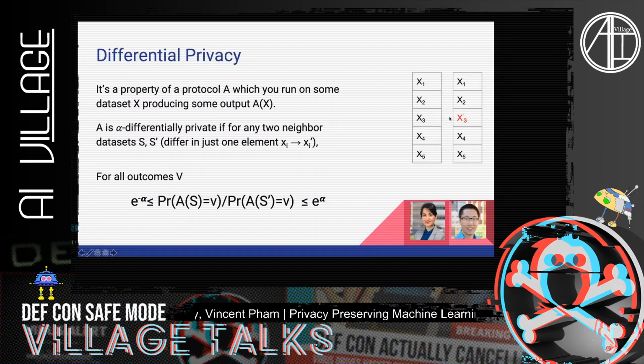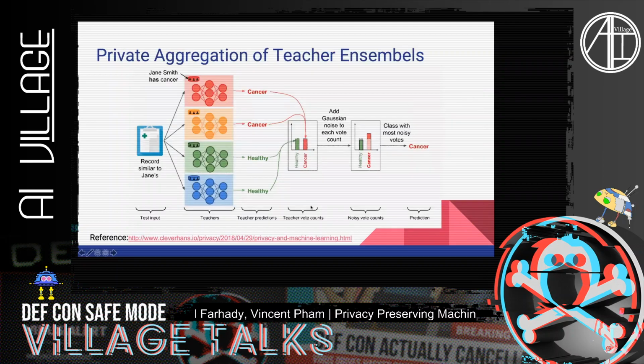We want to make sure that when we change the input data from x3 to x3 prime, the output generated by the model changes minimally. So as you see, the ratio of the probability of generating a specific output in the first case to the second case is bounded by epsilon.